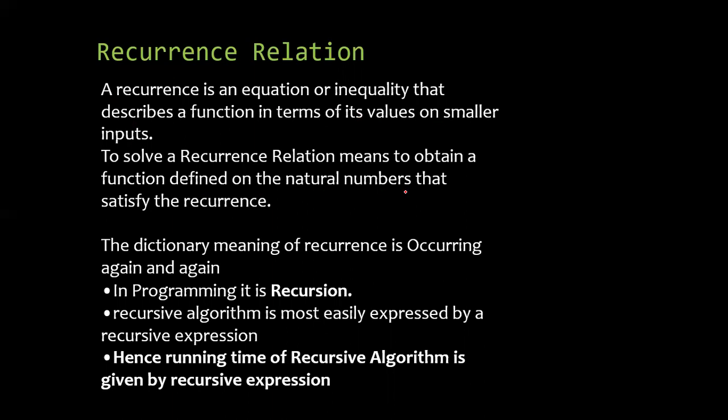Now, the dictionary meaning of recursion is occurring again and again. In programming, it is recursion. A recursive algorithm is most easily expressed by a recursive expression. Hence, the running time of a recursive algorithm is given by a recursive expression.